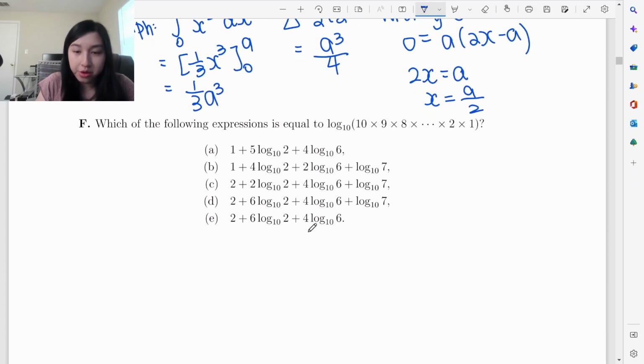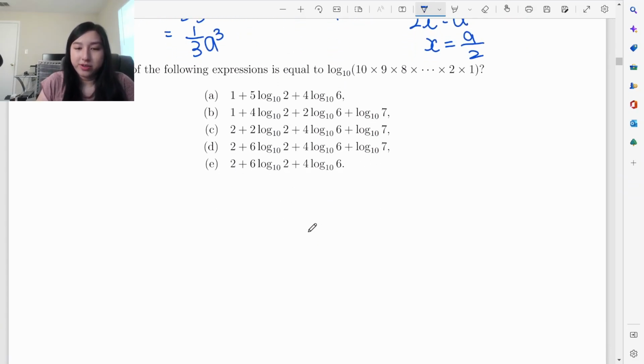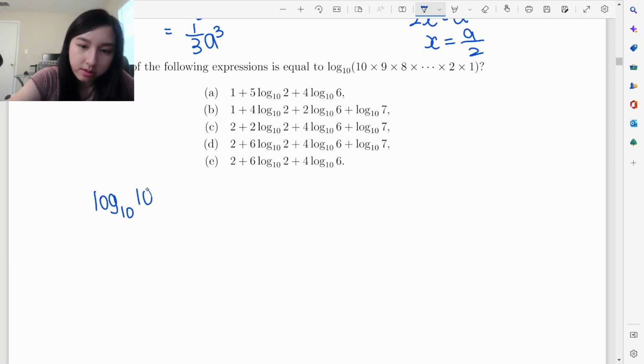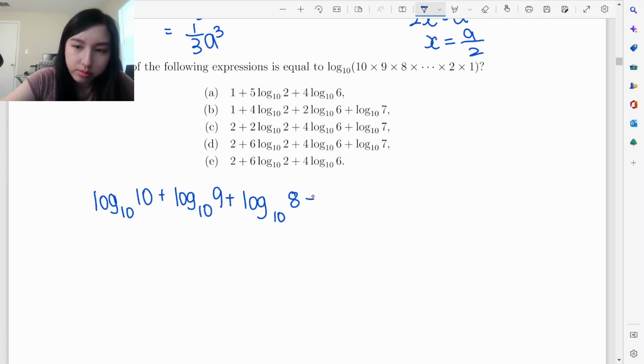Which of the following expressions is equivalent to that? Log 10, so obviously it's just log 10 10 plus log 10 9 plus log 10 8 plus dot dot dot all the way to log 10 2 plus log 10 1.